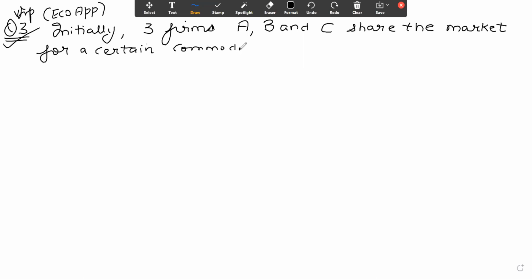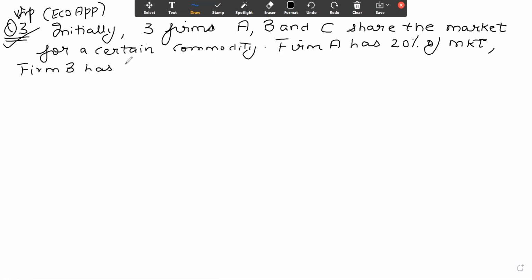Okay. Firm A has 20% of the market. Okay. Firm B has 60% of the market.